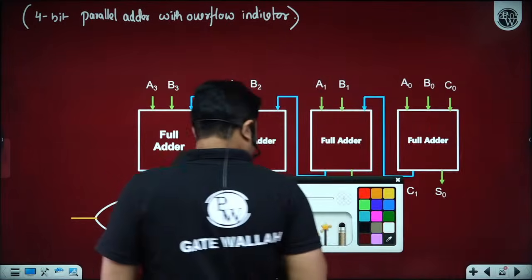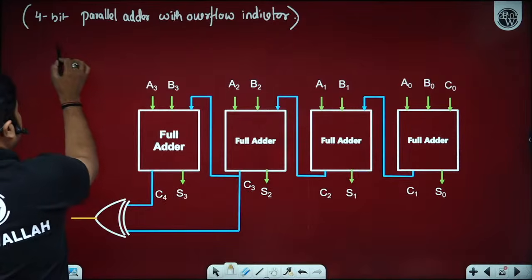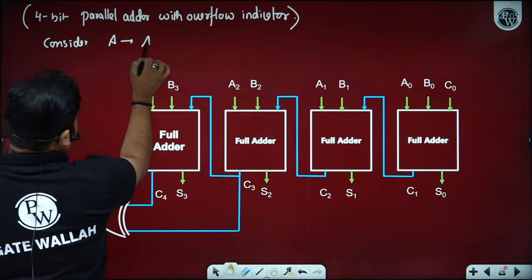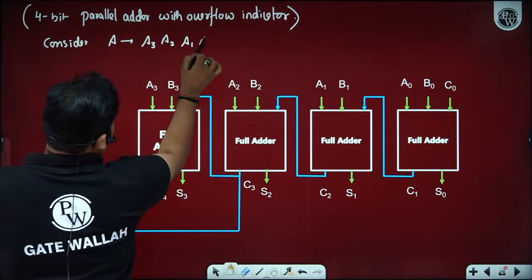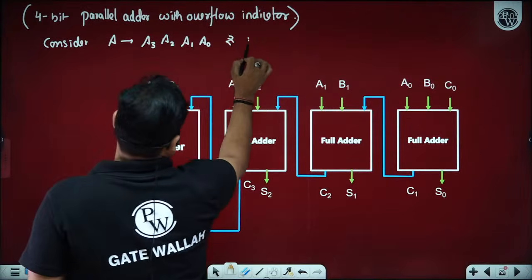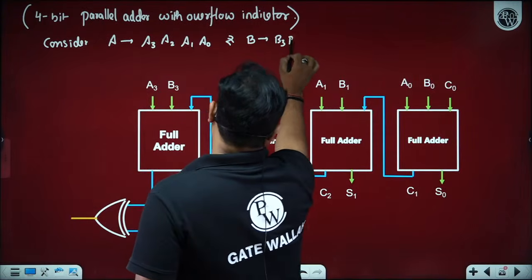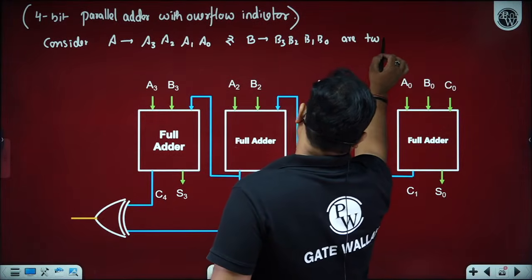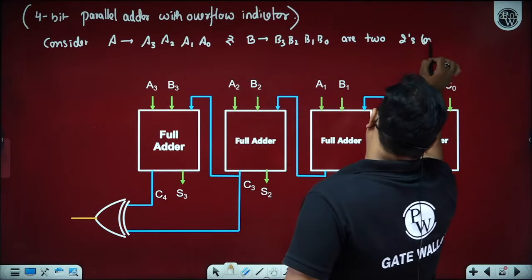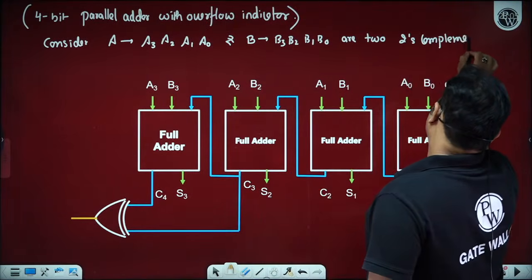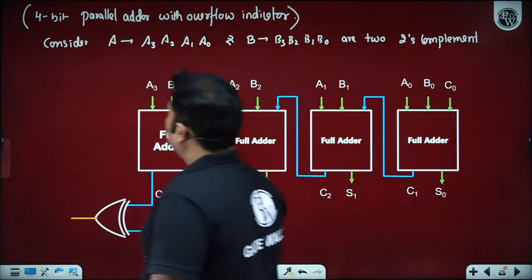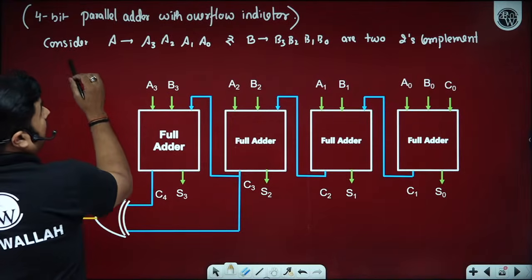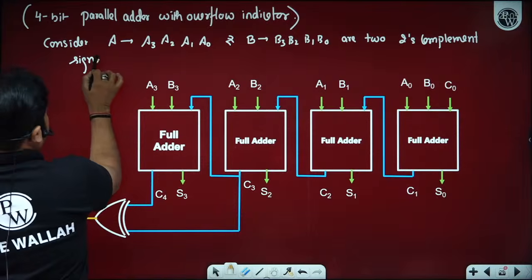See, here consider A3, A2, A1, A0 and B3, B2, B1, B0 are 2's complement signed numbers.